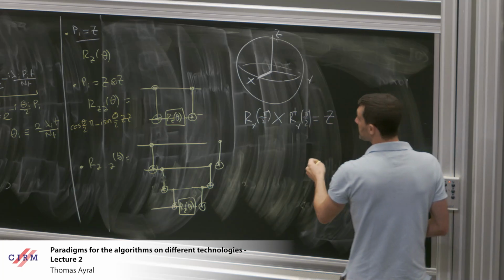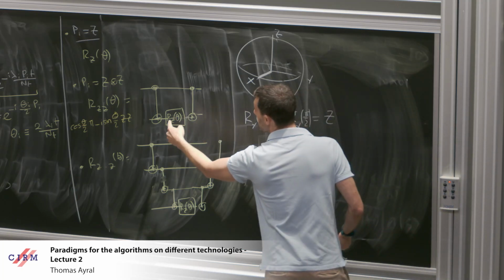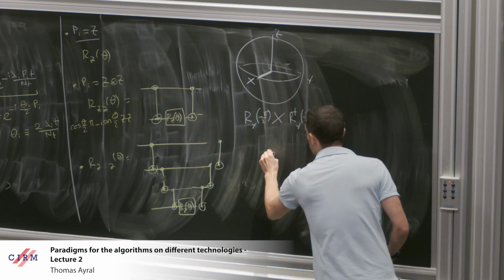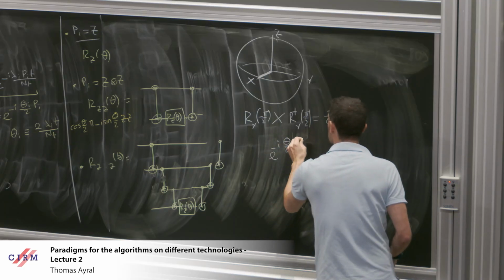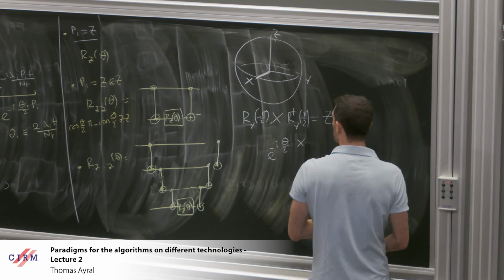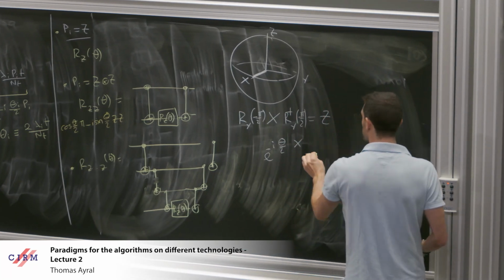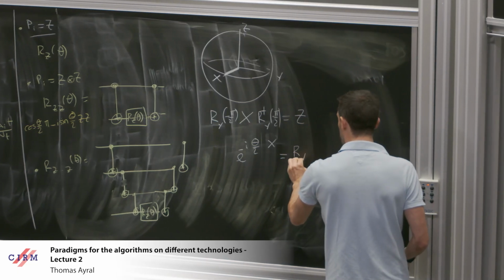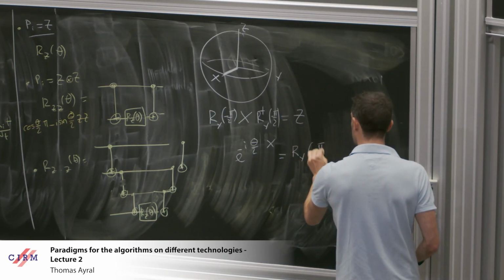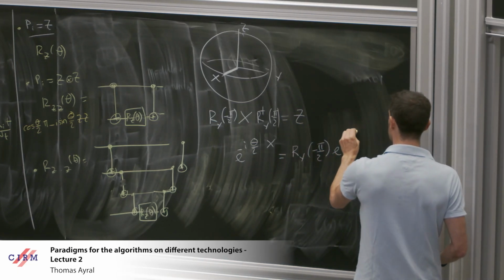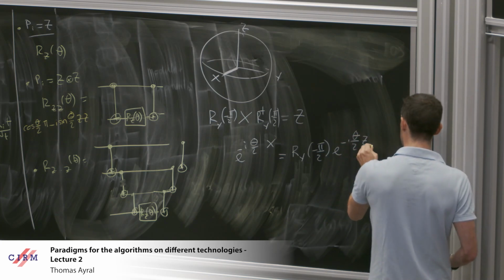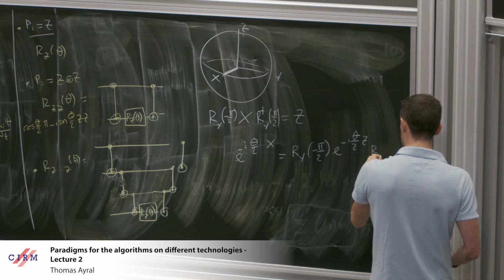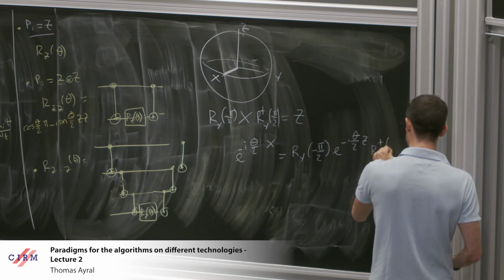And once you've done that, then for instance, if you have an exponential of minus i theta times X, I can rewrite it as R_y of minus pi half times exponential of minus i theta half Z times R_y dagger of minus pi half.